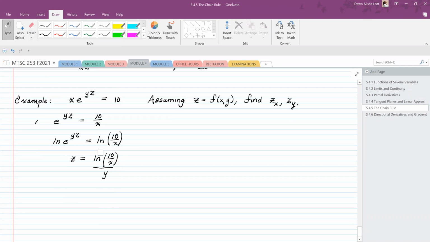And so now I could find z sub x and z sub y.